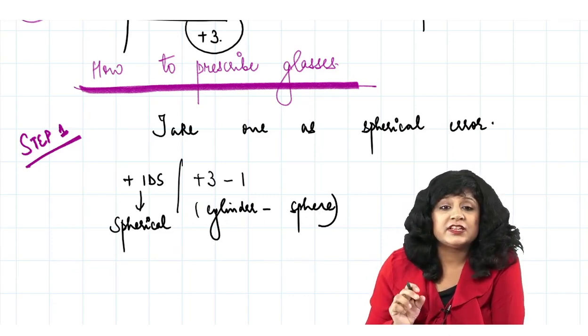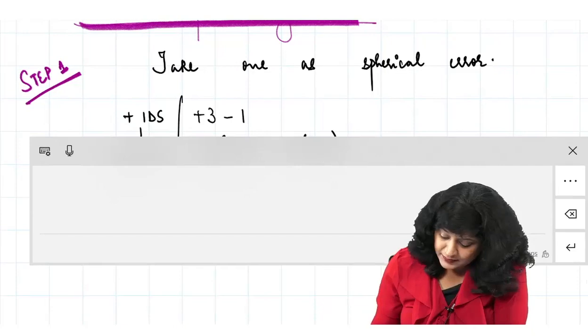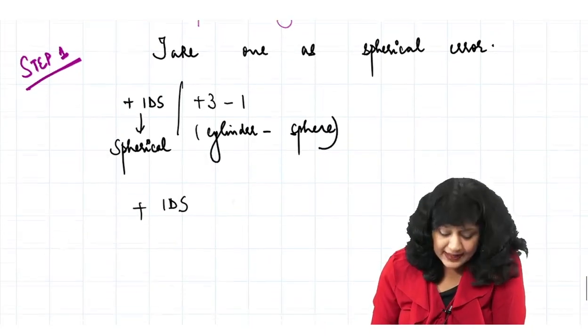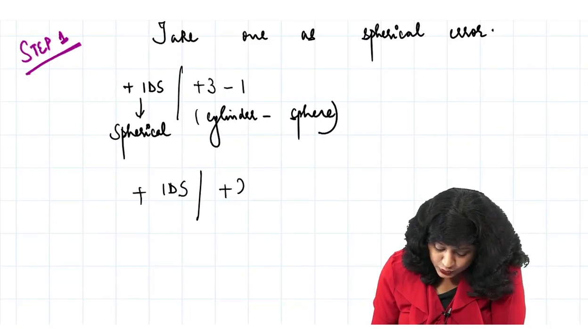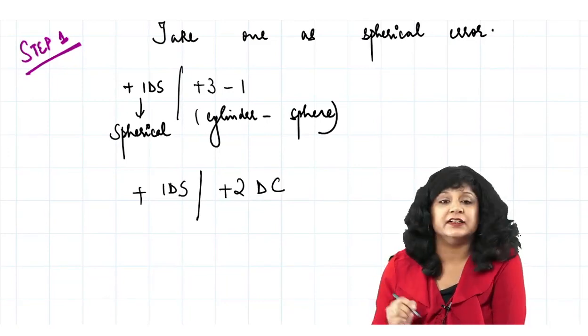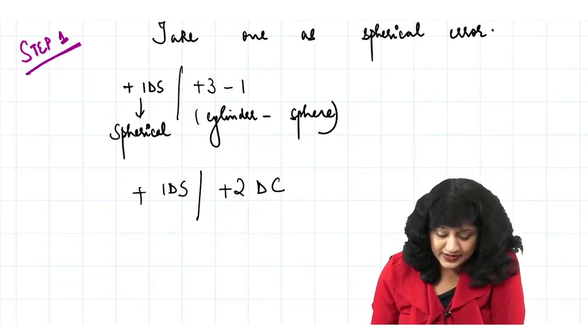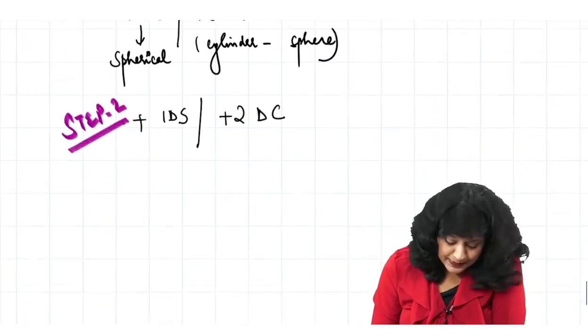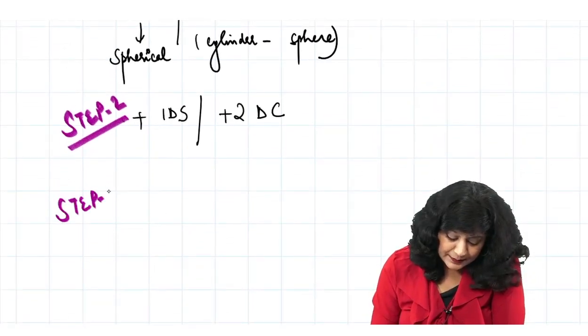Now this is your step number 2. That means I will have to give plus 1 diopter spherical and plus 2 diopter cylinder. I have got these values, right? Now step number 3. What should be step number 3?